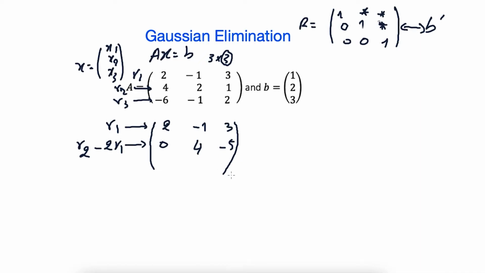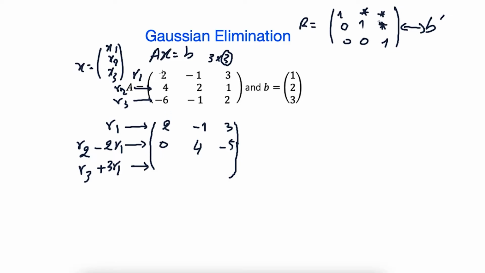And to get 0 here also, we need to take R3 plus 3 R1, because here we have minus 6, and to get 6 here we need to multiply R1 by 3. So this row will be R3 plus 3 R1.